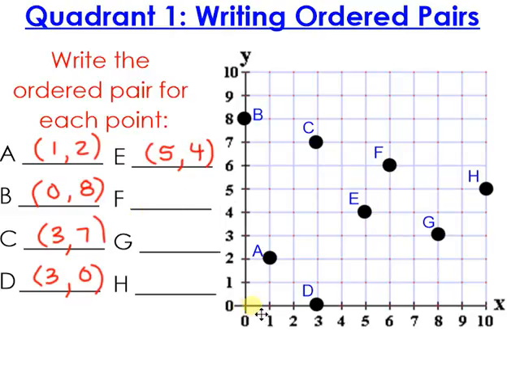Point F goes 6 over and 6 up. Point G goes 8 over and 3 up. Point H goes 10 over and 5 up.